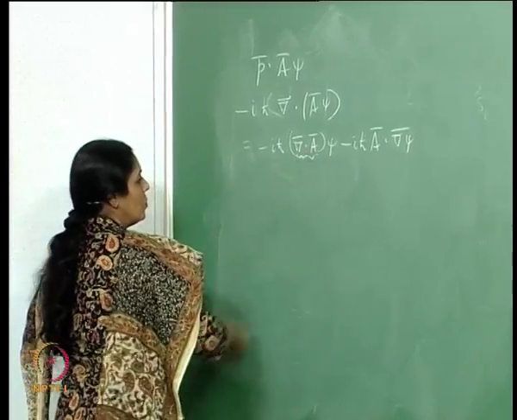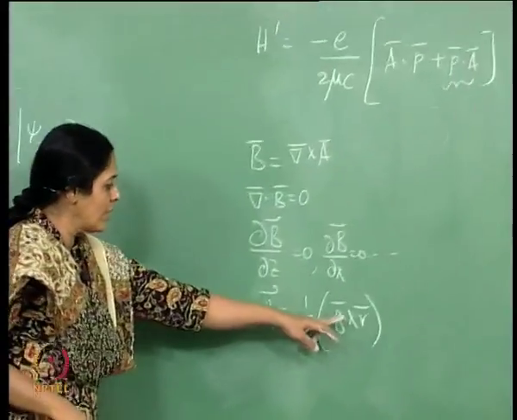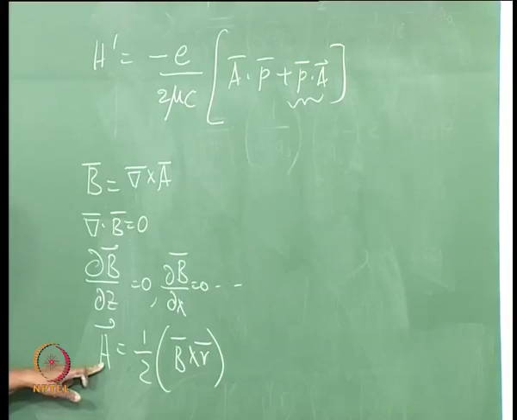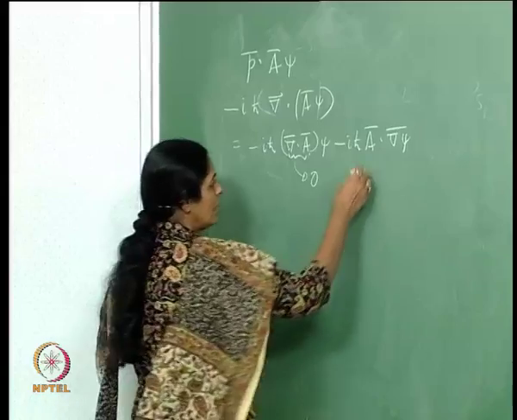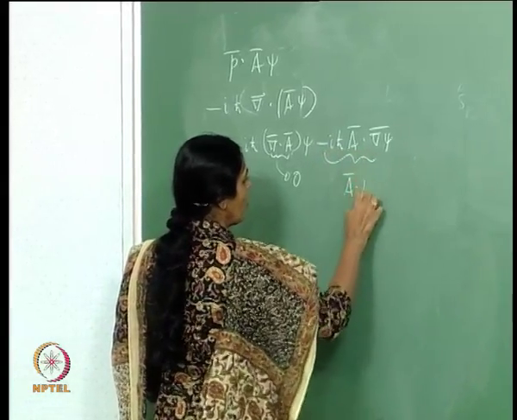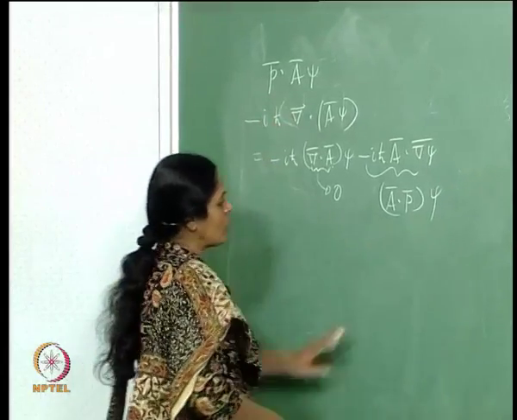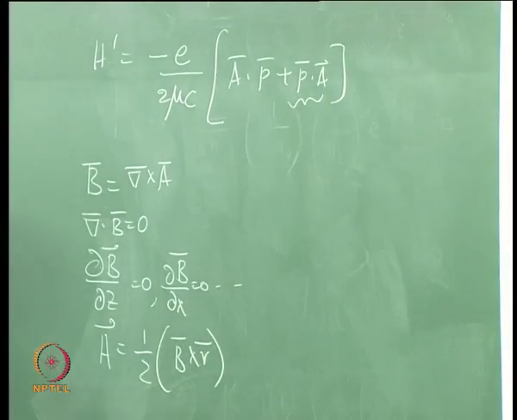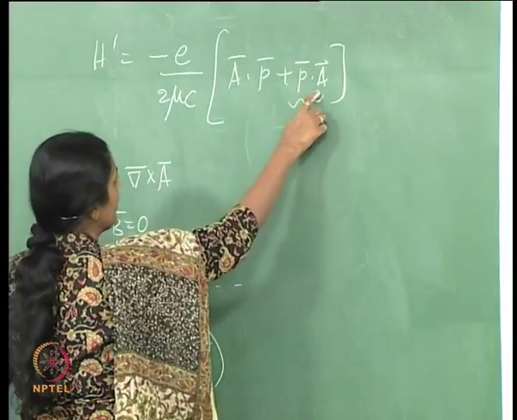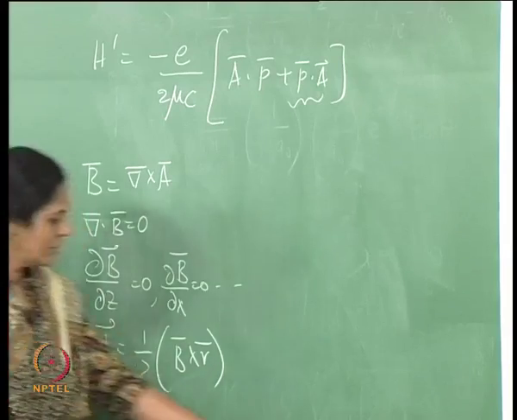With A being given by half B cross r, del dot A becomes 0. And this object is simply A dot p psi, and therefore, what is left of p dot A is simply A dot p. The contribution from here is simply A dot p, and therefore, H prime simplifies.